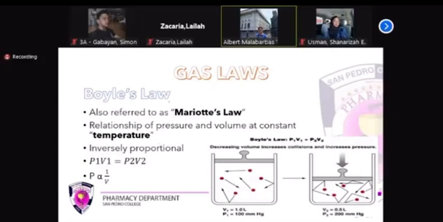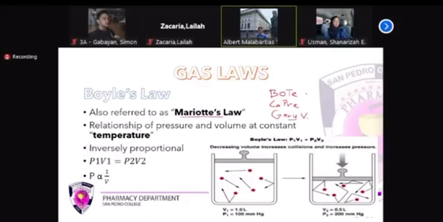So first, among your gas laws, we have Boyle's law. Boyle's law is also known as Mariotte's law. Now, in pharmacy, I remember the mnemonics bote, capre, and Gary V. So ano bang significance ng mga mnemonics ko na to?